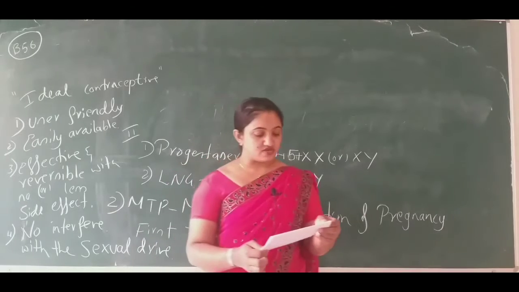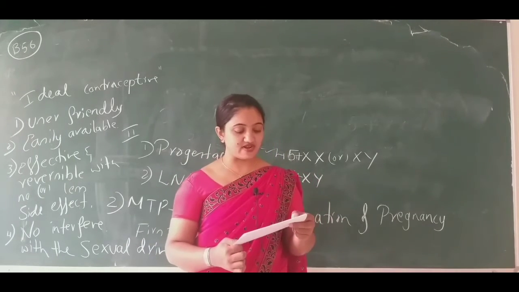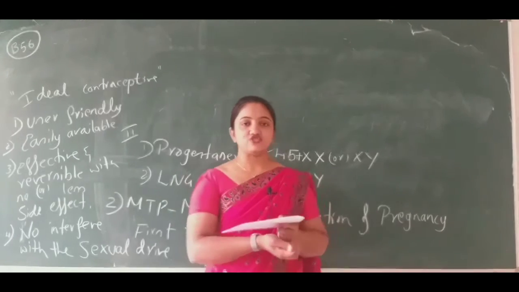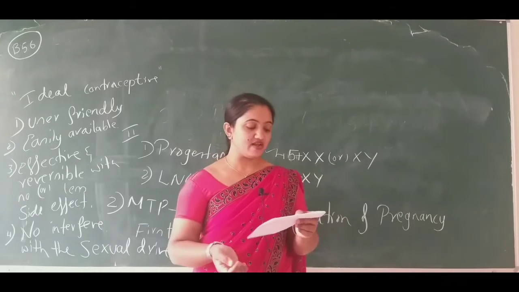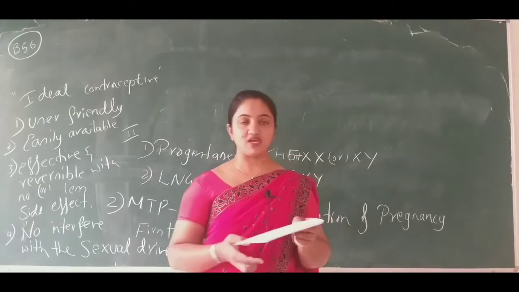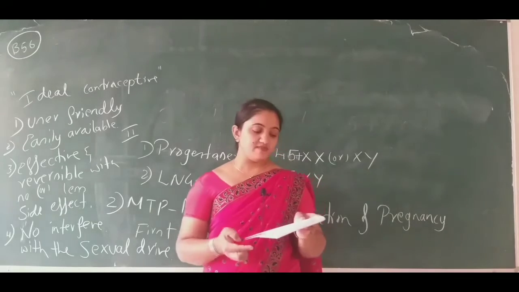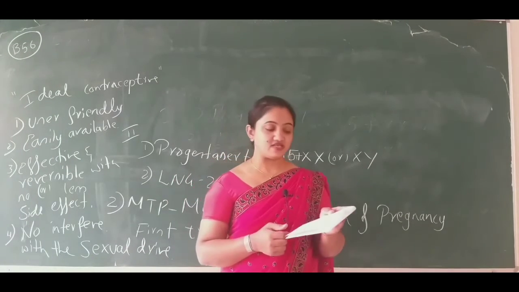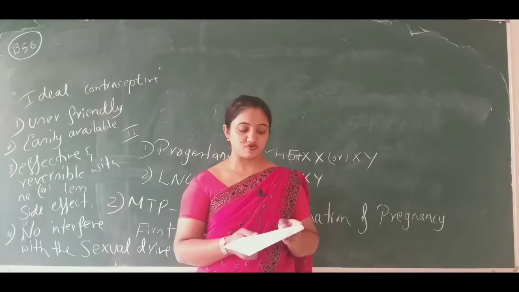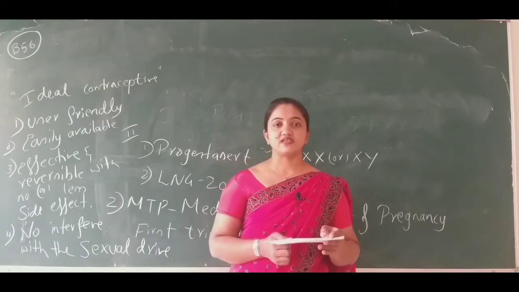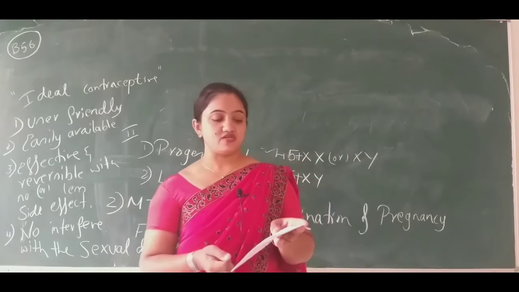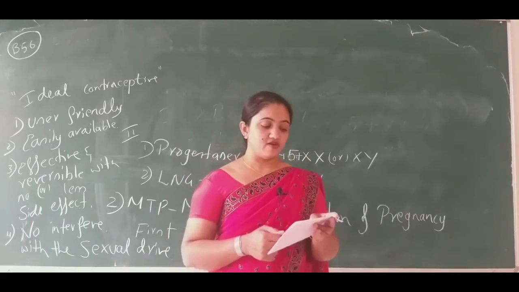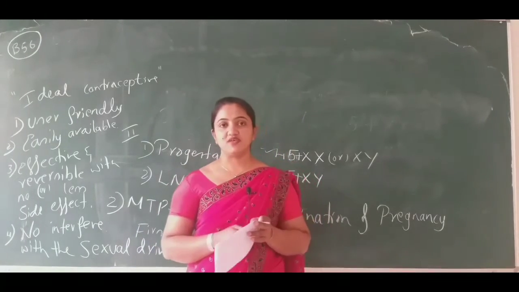And the next question is, write the sterilization technique in male and females, in male human being and female human being. In male human being, the sterilization procedure is known as vasectomy, and in female it is known as tubectomy. Why it is known as vasectomy?